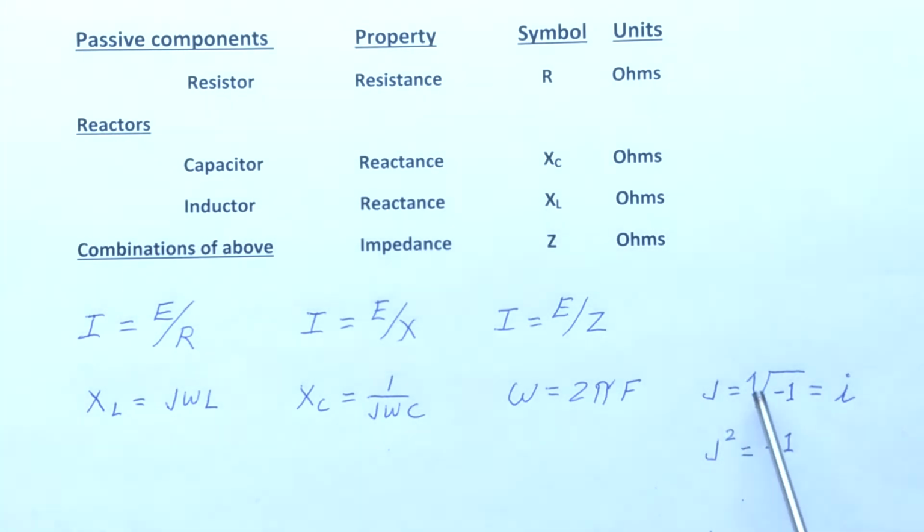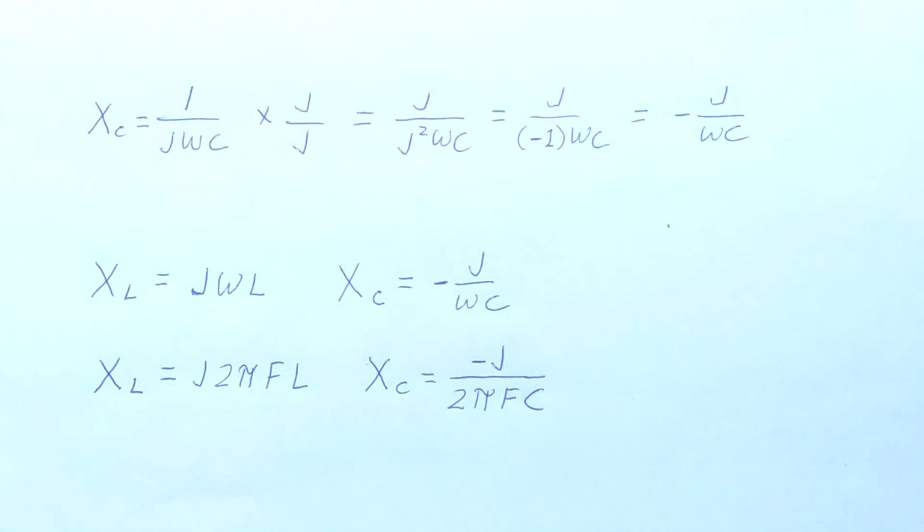Now if J is the square root of -1, that means J squared must equal -1. Now it turns out our imaginary J is just a way of indicating a 90-degree phase shift, which we'll see graphically here in a few minutes.